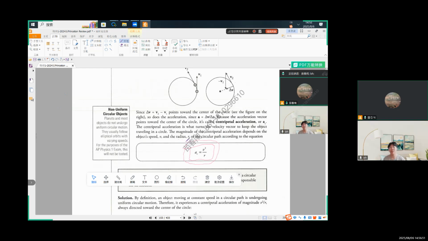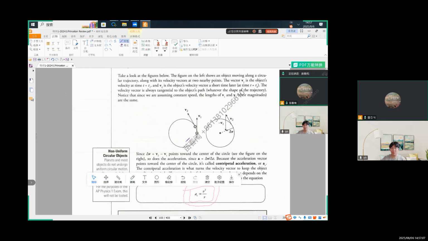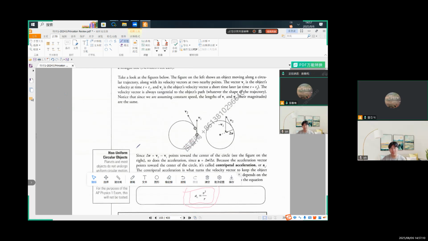Do you know that? No. Okay. So acceleration is v squared over the radius. All right. You haven't learned calculus that much, so I can't really use the normal way to prove this. Let's use data to check whether this one is right.